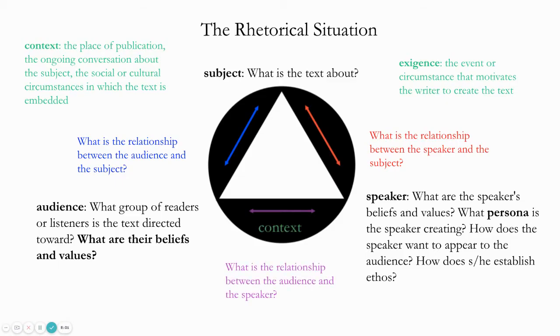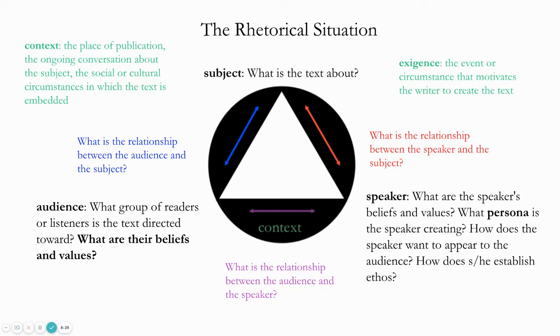And that's what you're going to tap into when you go to create the text. And then finally, the relationship between the audience and the speaker. There's a huge range here, right? So if we're talking about a text where a child is trying to convince the parent of something, which is what we're going to see in my example, then there is a very close relationship, right? A personal relationship, even an intimate relationship. And there's a lot of history there.